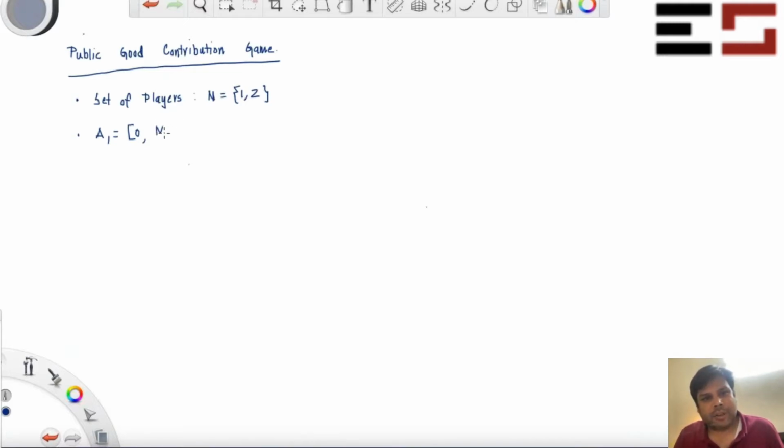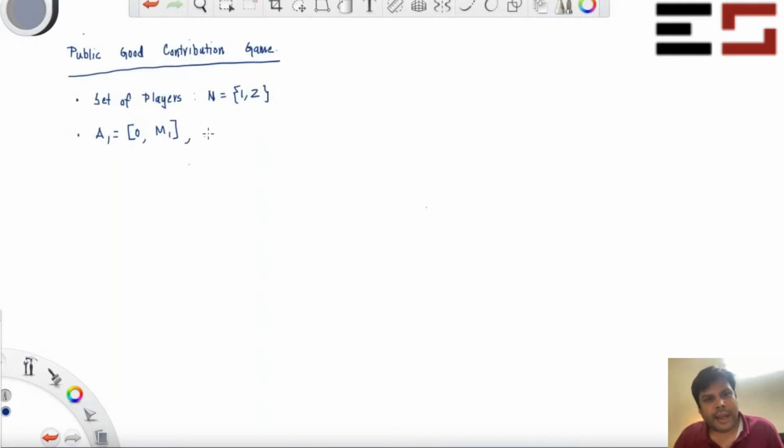You can imagine that m1 is the pocket money of roommate one, or his income. So he cannot contribute more than what he earns. Basically his action set is a closed interval, 0 to m1.